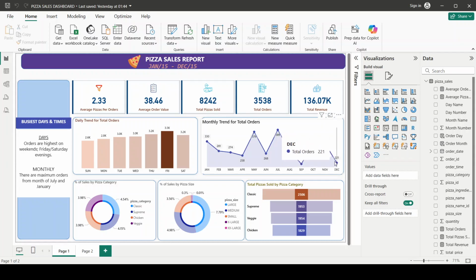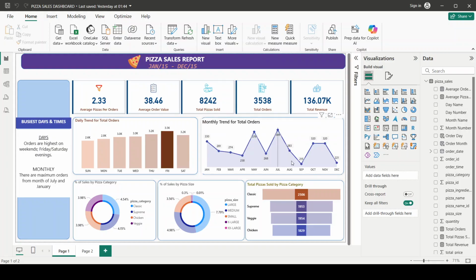So this should tell the manager that in December, they can reduce the number of staff, they can reduce the stock they have, and then it's going to rise in January, so they should prepare for that. It falls slightly in February, March, then April. That is when the students are on vacation, and then it rises again.